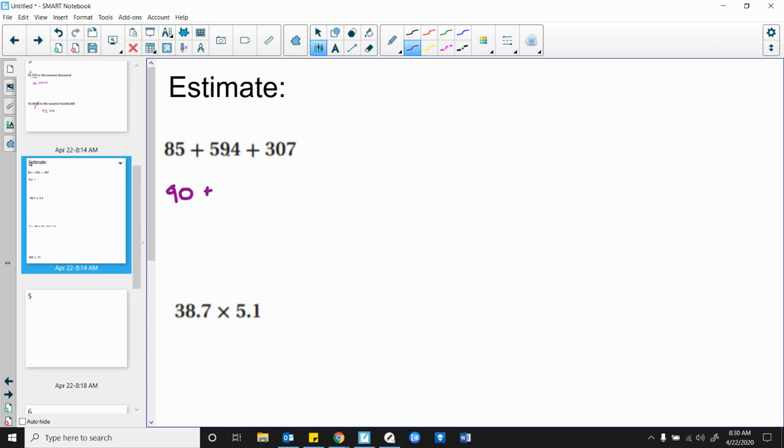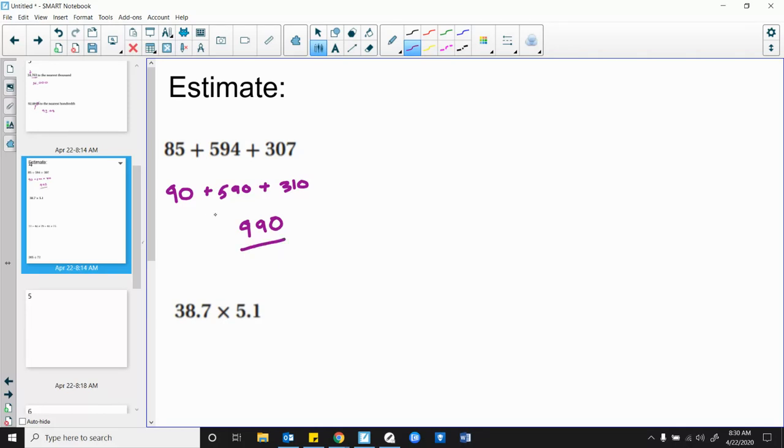Then here, 594, since this isn't a 5 here, we're going to take this one to 590. Plus this is a 7, so let's round that one up to 310. Then we can add all these up. 90 plus 310 is 400, and then 400 plus 590 is going to be 990 for an answer.